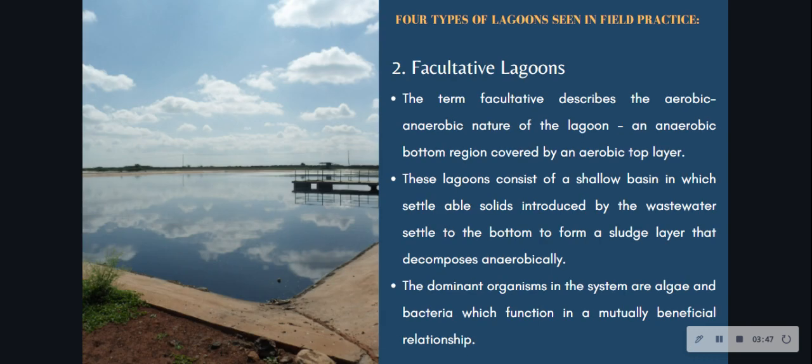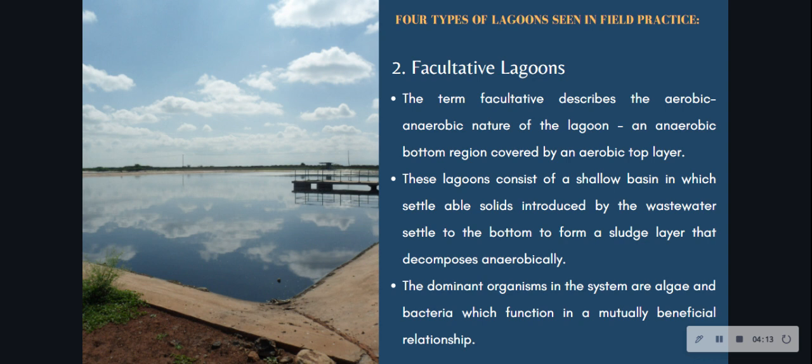Next is the facultative lagoons. The term facultative describes the aerobic and anaerobic nature of the lagoon: an anaerobic bottom region covered by an aerobic top layer. These lagoons consist of a shallow basin in which solids introduced by the wastewater settle to the bottom to form a sludge layer that decomposes anaerobically.